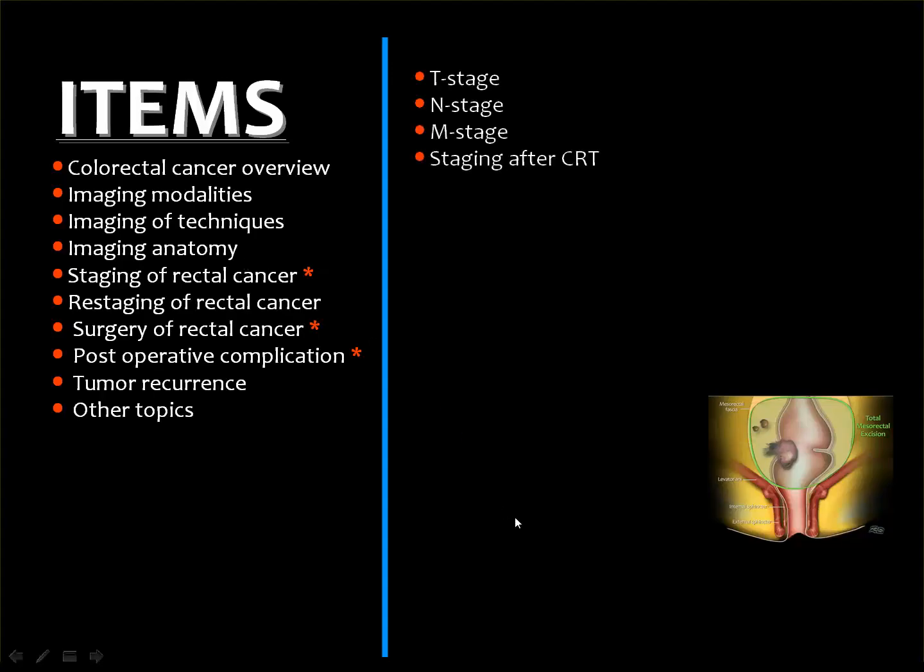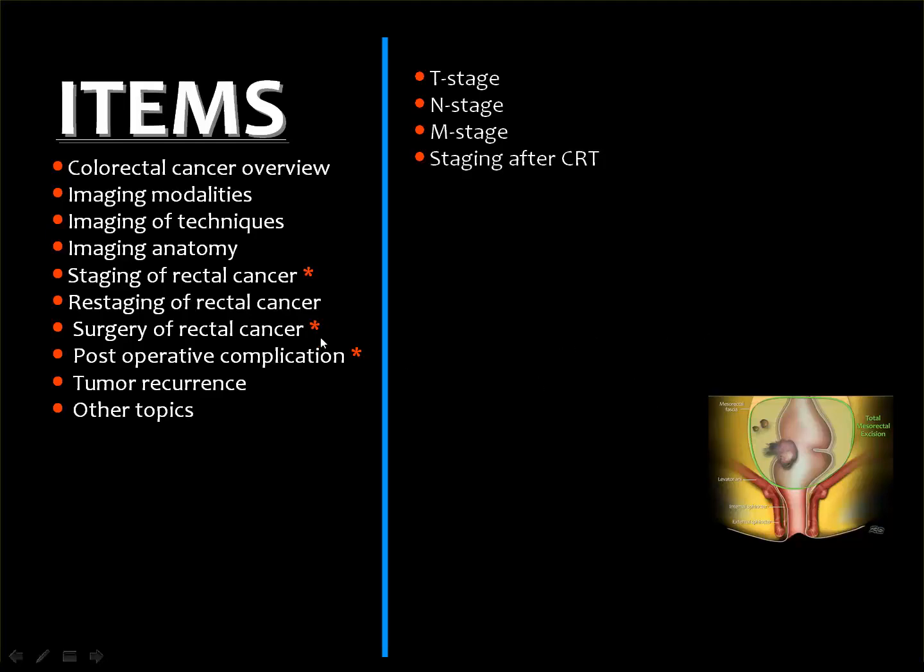Then we'll present the staging of rectal cancer, including the T and M stage and the staging after chemoradiation. Then we'll evaluate the cancer after preoperative chemotherapy or radiotherapy or both.